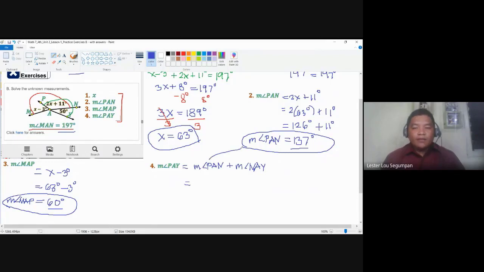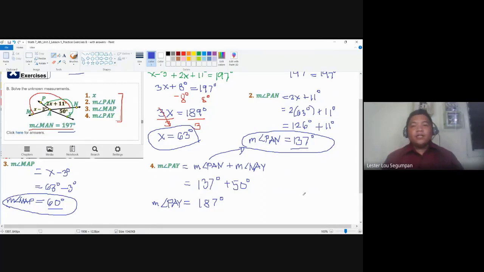Since we already have the value for PAN here, and we are sure of this, we may use it here. 137 degrees plus NAY, which is 50 degrees. So the measurement of angle PAY is given to be 187 degrees. Again, this is the measurement of angle PAY.